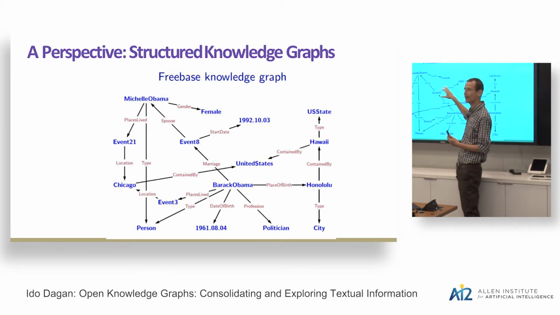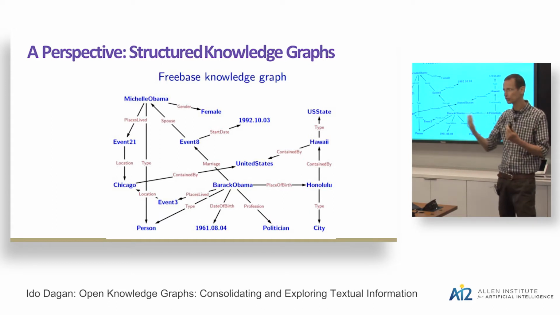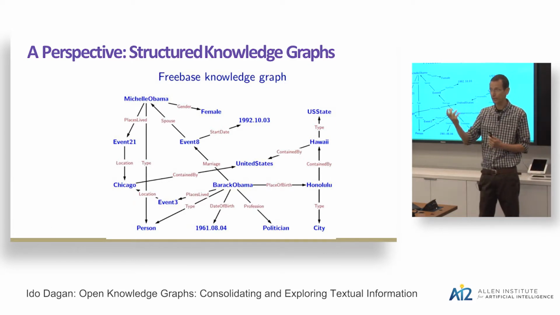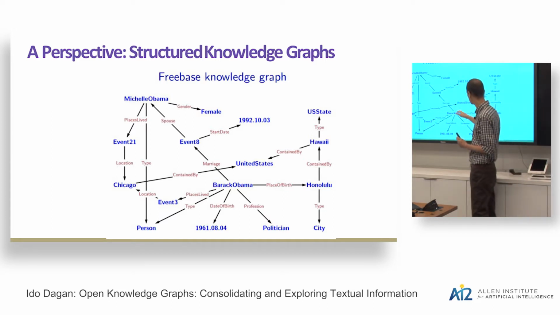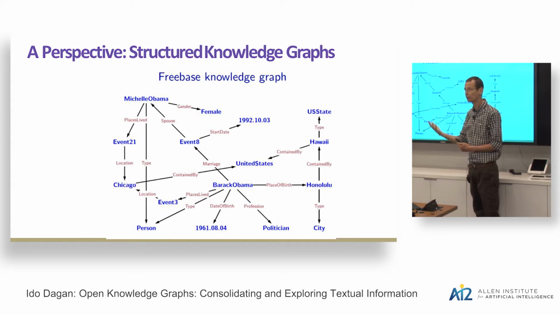The nodes are the elements in the domain that you want to represent, and edges represent minimal relationships or predications, statements about these entities, like this one states that this is the date of birth of Obama. It may be true or false, right? Each such edge corresponds to one statement that can be attributed a truth value, and it just tries to assert what is true.